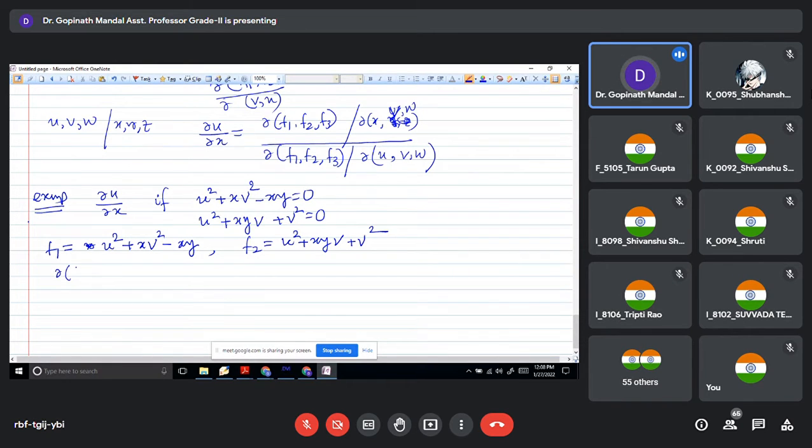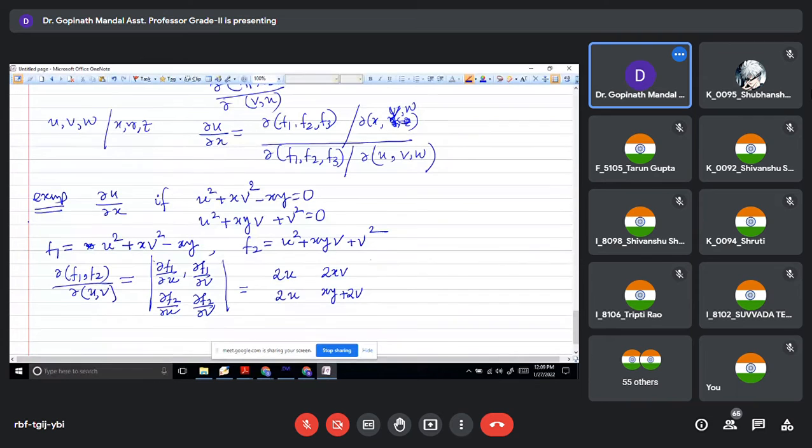So the Jacobian of f1 f2 with respect to u v, by the formula, is del f1 del u, del f1 del v, del f2 del u, del f2 del v. This will be 2u, 2xv and 2u, xy plus 2v.